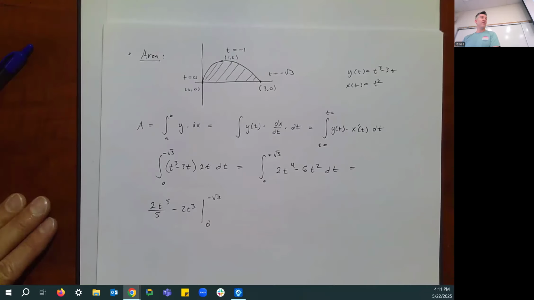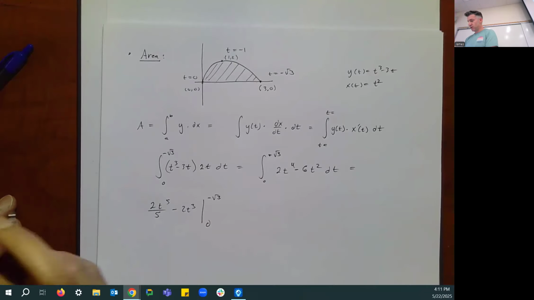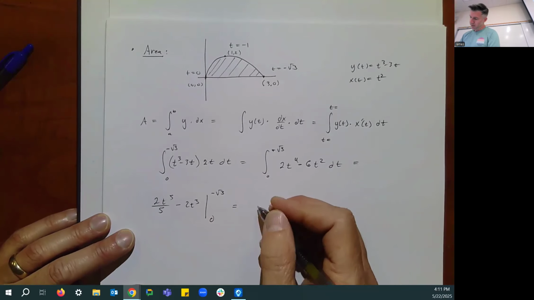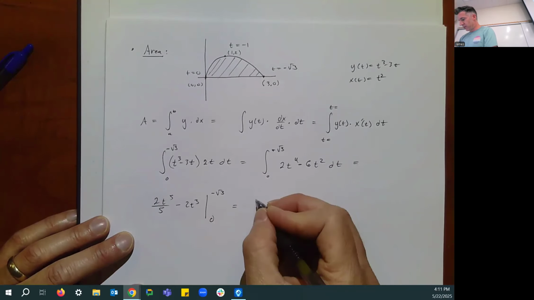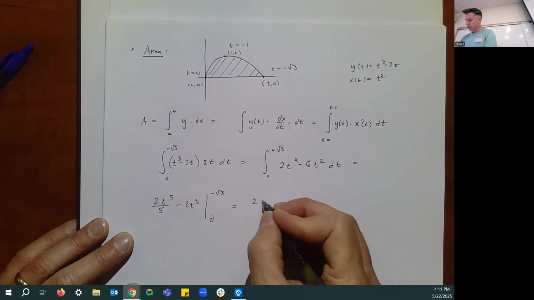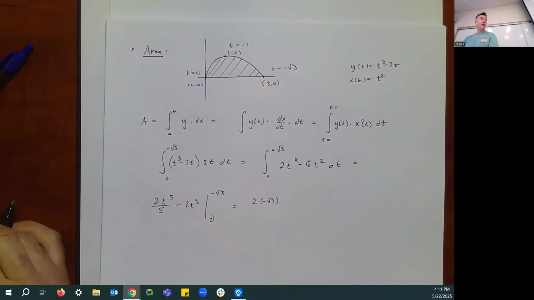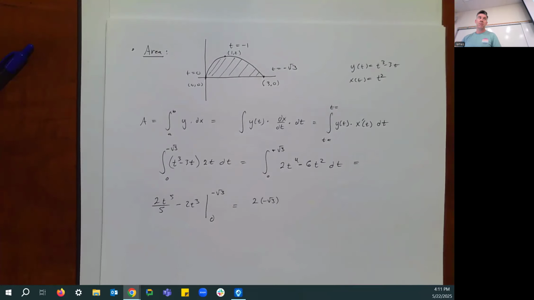This is where I wish I picked different numbers. So what's -√3 to the fifth? Well, it's -√3 times -√3 to the fourth. And the square root of 3 to the fourth power is 9.